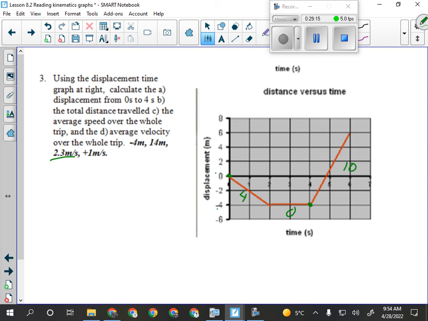And if we want to get our average velocity, we take our total displacement, which we haven't calculated yet. So my final position is here at 6 meters. Initial position was 0, so displacement is +6. Total time, 6 seconds, +1 meter per second.